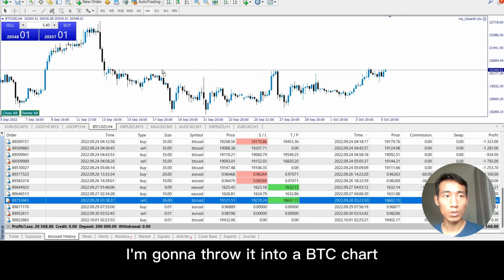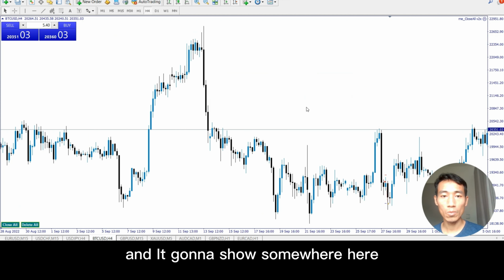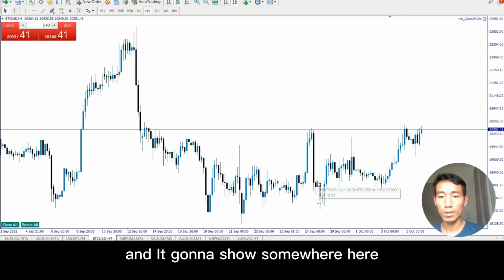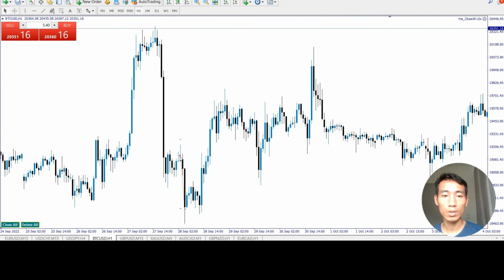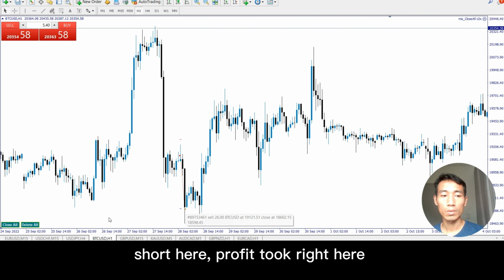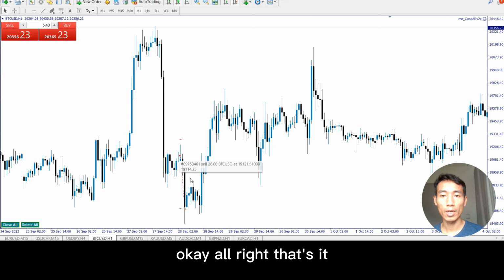I'm gonna throw it into a Bitcoin chart, and I'm gonna show somewhere here. Okay, 1 hour chart, shot here, took profit right here, sell here, close it. Okay, alright, that's it.